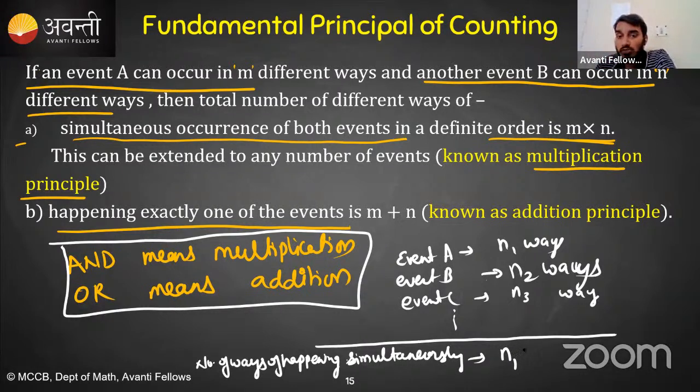Corresponding to each of those ways, event B can happen in n2 ways. Corresponding to each of these ways, event C can happen in n3 ways, and like this. Is this clear? So this multiplication principle can be extended to n number of events. It is not only limited to 2 events.